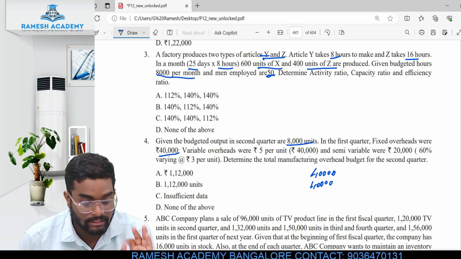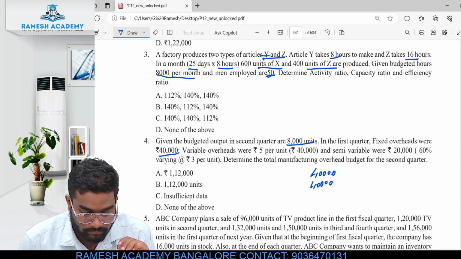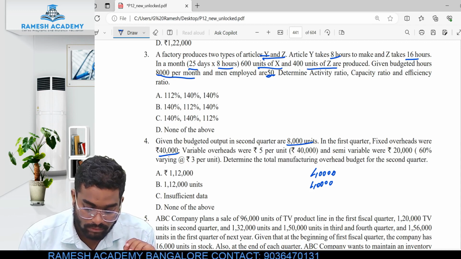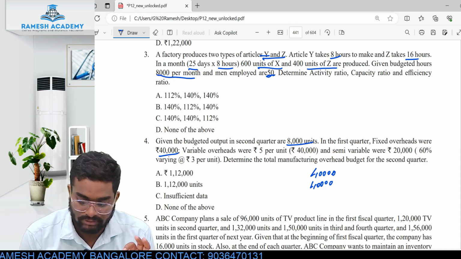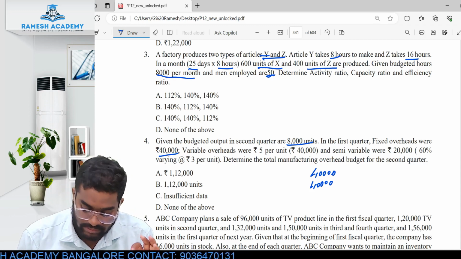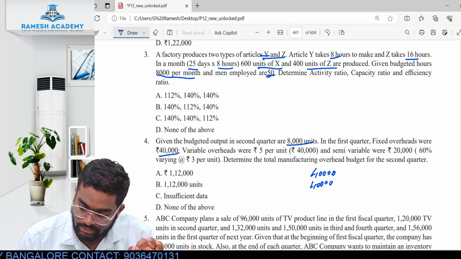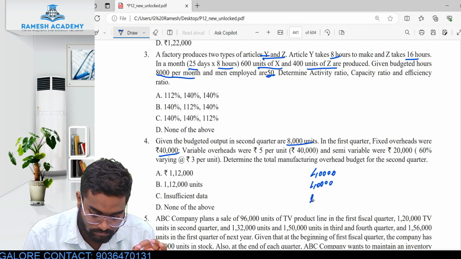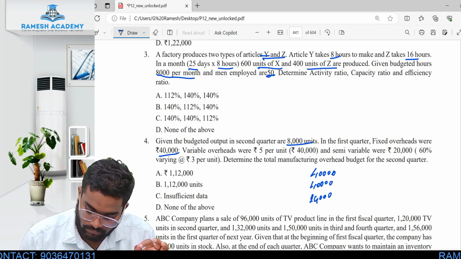60% varying at 3 per unit. In this question they have missed something. This 20,000, here 60% is varying at 3 rupees, which means 8,000 into 3 we have 24,000.